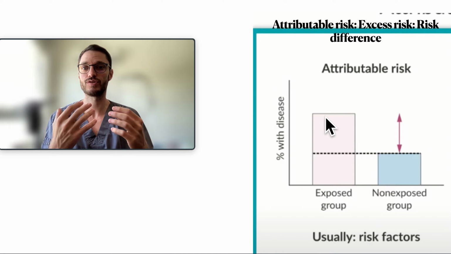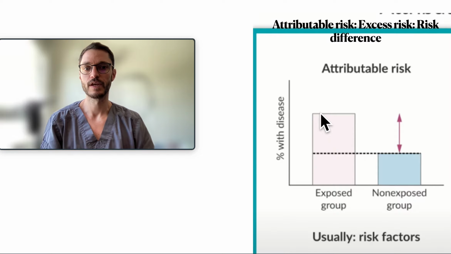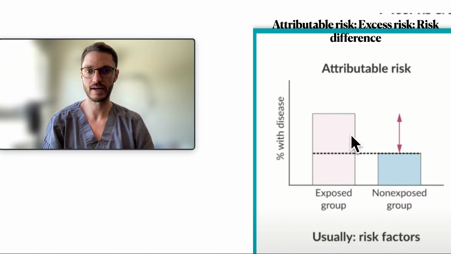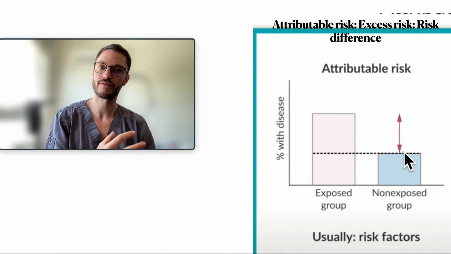You can use them interchangeably. So let's try to make sense of this. We already knew how to calculate relative risk, which is dividing the incidence of exposed over the incidence of unexposed. But for attributable risk, we're doing things a little differently.